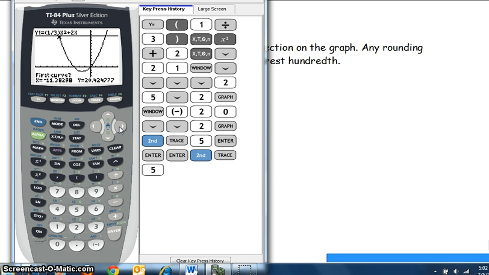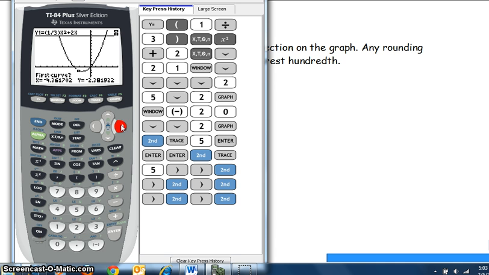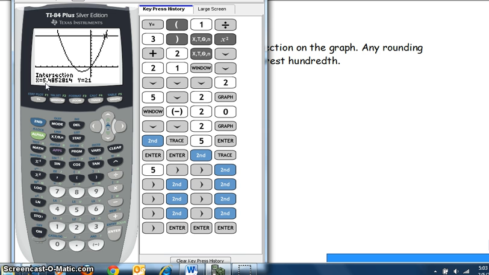So I'm going to arrow to the right, and I can take some big jumps by doing second right arrow. And I need to get beyond the halfway point. So once I'm started up the other side of my parabola, then I can do enter, enter, enter. And my other point of intersection is at 5.49, 21.